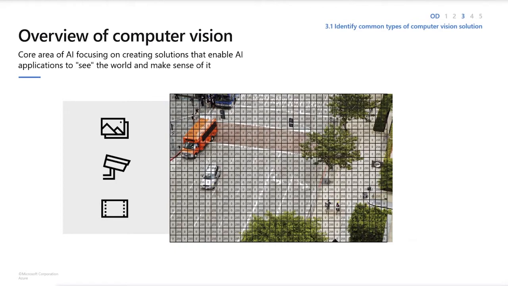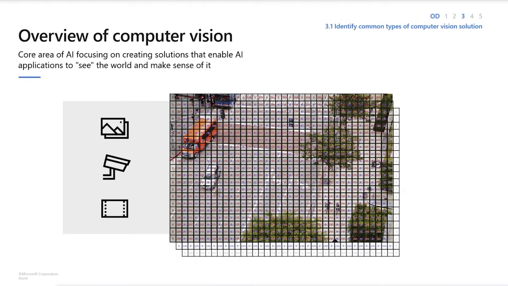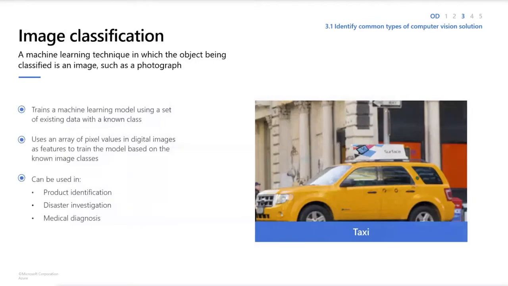Now, if we're talking about colored images, there's actually going to be 3 layers of pixel values, and that's going to be red, green, and blue intensities. Most computer vision solutions are based on machine learning models that can be applied to visual input from cameras, videos, or images. Why don't we go ahead and review some of those areas of computer vision?